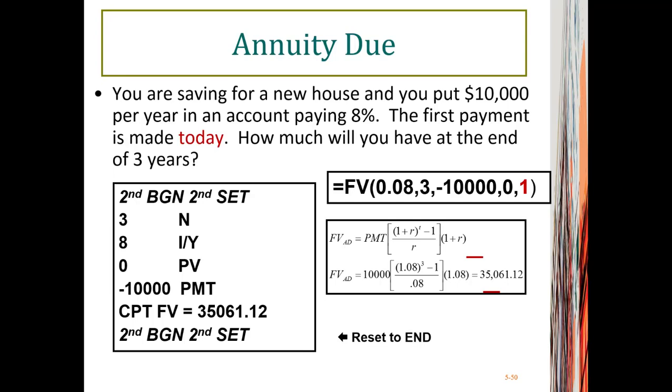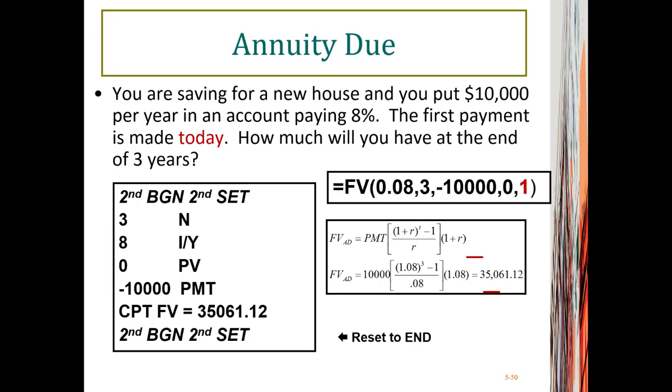When you see BGN, you know that your calculator is in beginning mode. Remember, after you complete an annuity due problem, you need to convert your calculator from beginning mode back to end mode. So don't forget to do the same operation, second PMT, second enter, when you finish annuity due problem solving.